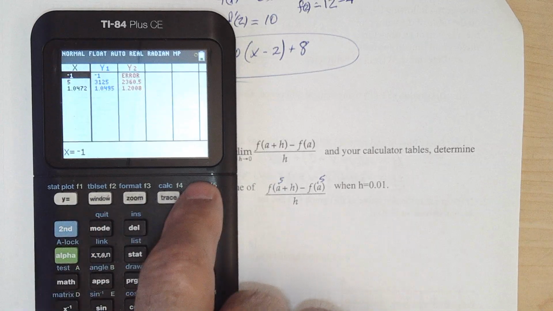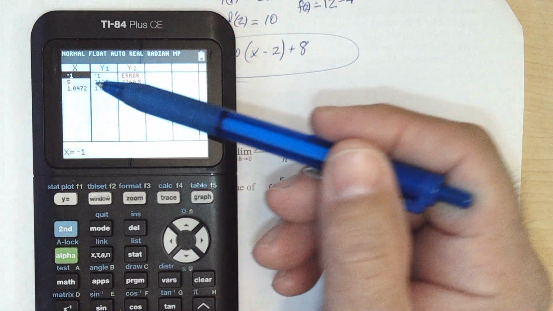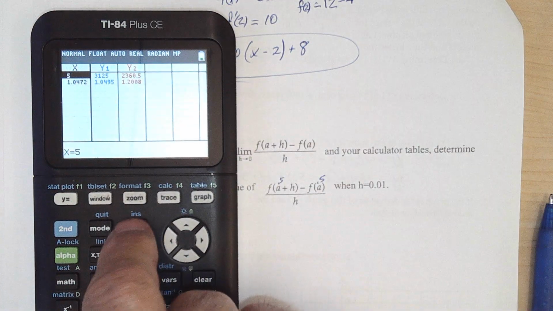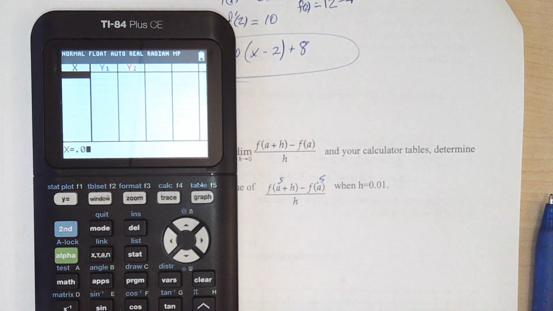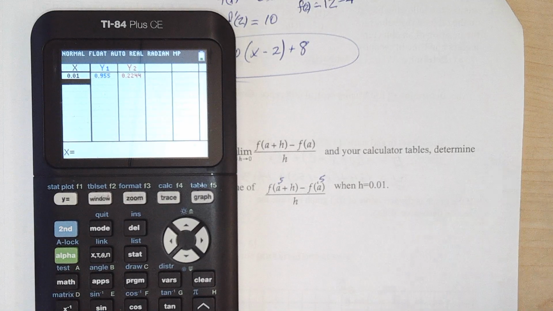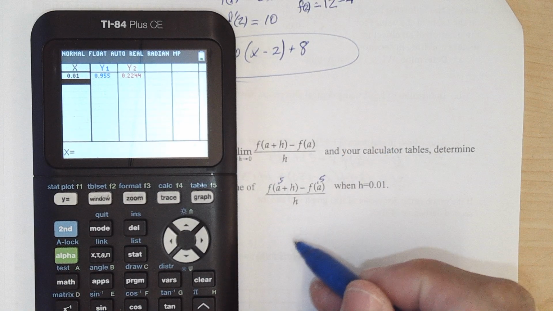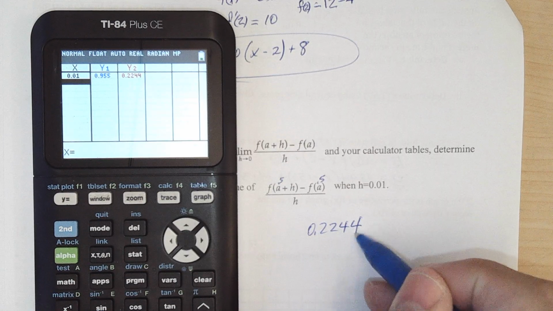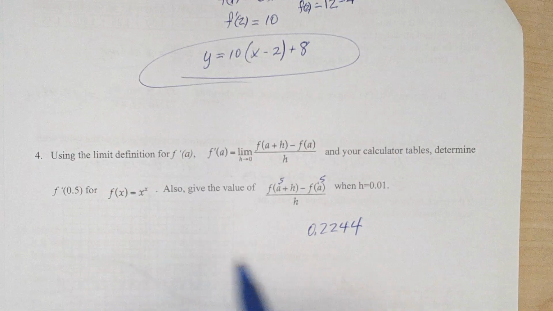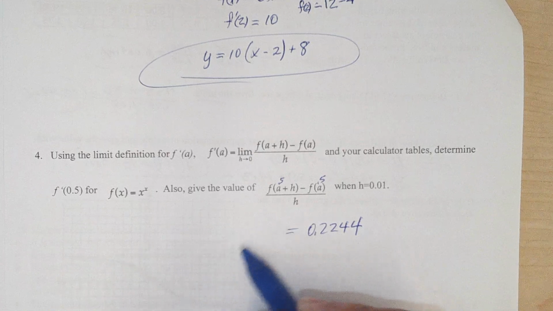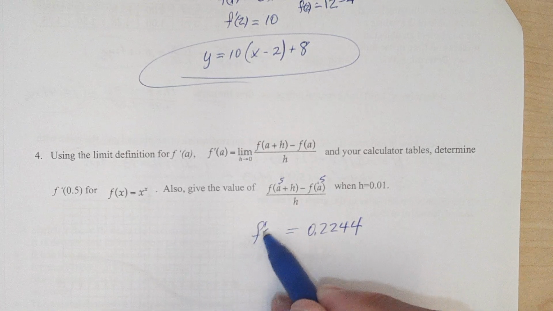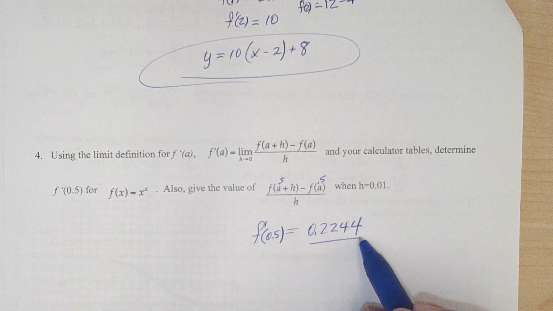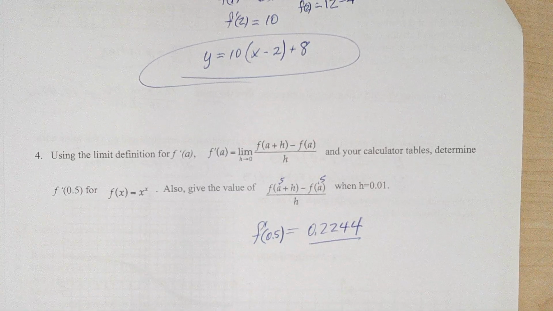So I'm going to my table, and I'm going to figure out what y2 is at 0.01. And it works out to be 0.2244. That seems to be close to f prime at 0.5, a slope of about 0.2244.